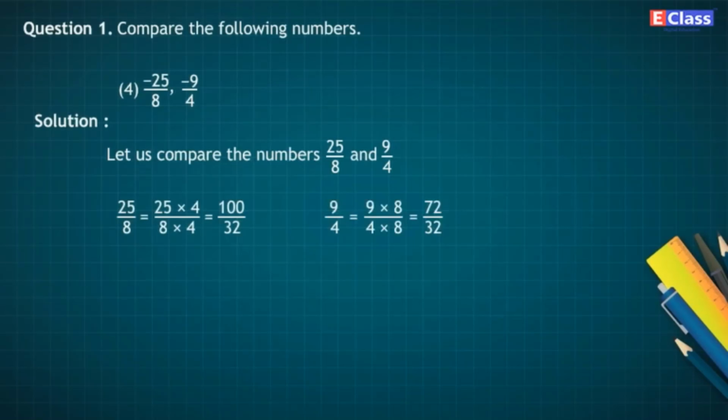Multiply numerator and denominator by 8. Therefore, 9 by 4 is equal to 9 multiplied by 8 wholly divided by 4 multiplied by 8, which is equal to 72 by 32.